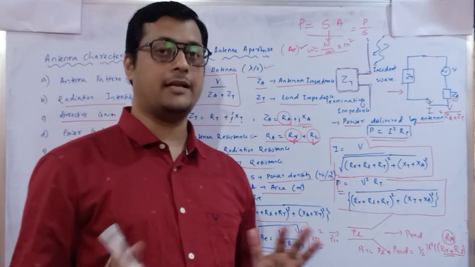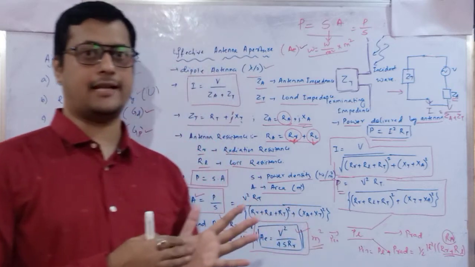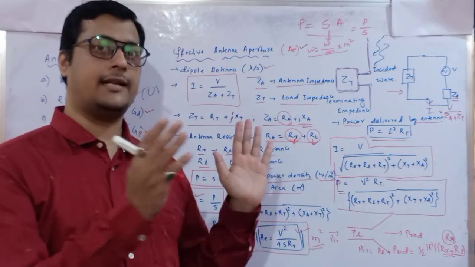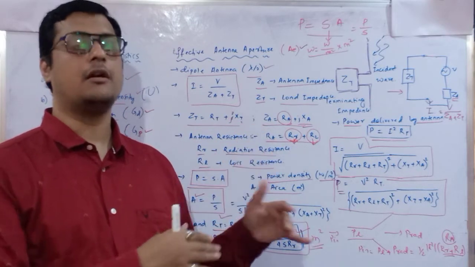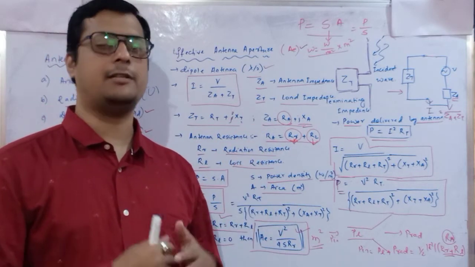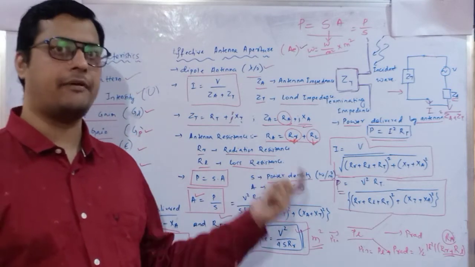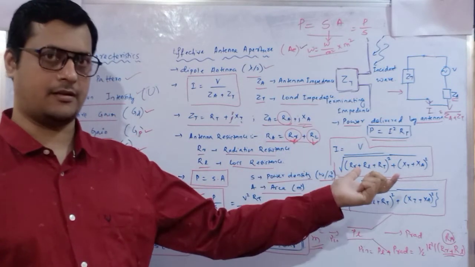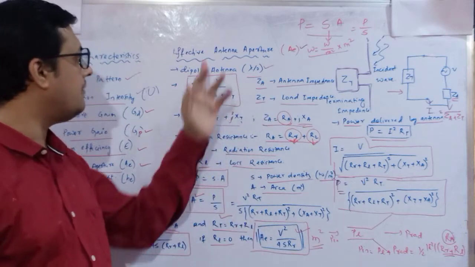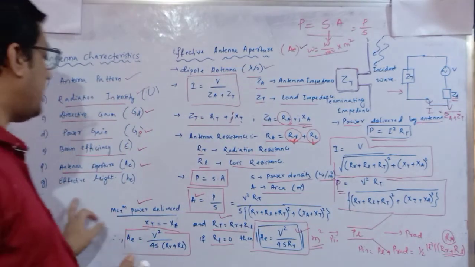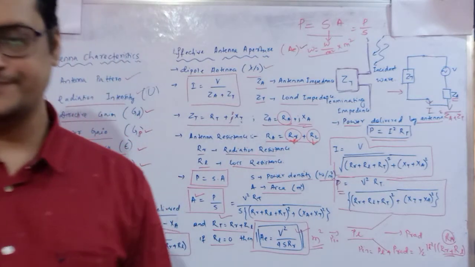The reactance values must be negative of each other, meaning XA plus XT must be equal to 0, and the purely resistive values must be equal. Then only the maximum power will be delivered and you can determine that area as the effective antenna aperture. Okay, so this is the small derivation for the effective antenna aperture, and then we will go for the effective height.